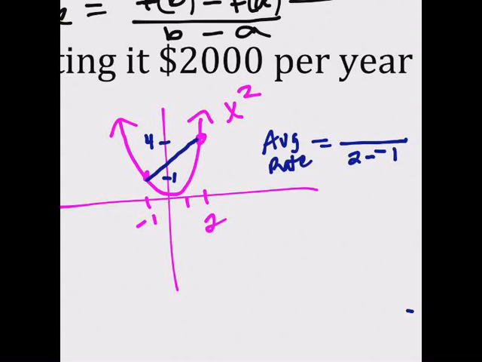I know those points. So I'm going from a height of 4, so that's the point (2, 4), down to a height of 1, because it's the point (-1, 1). So I got 4 minus 1, change in y, change in height of 3, over change in x, 2 minus -1, which is 3. So that's 3 over 3. We got an average rate of change of 1.